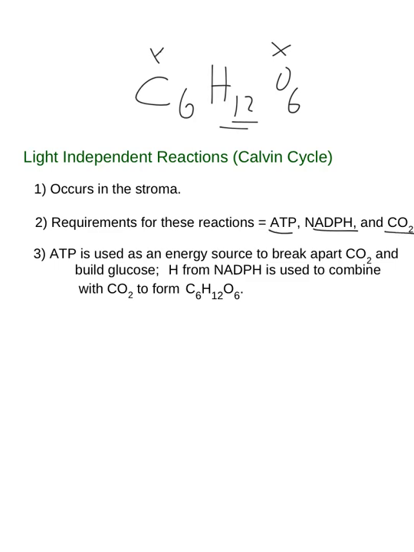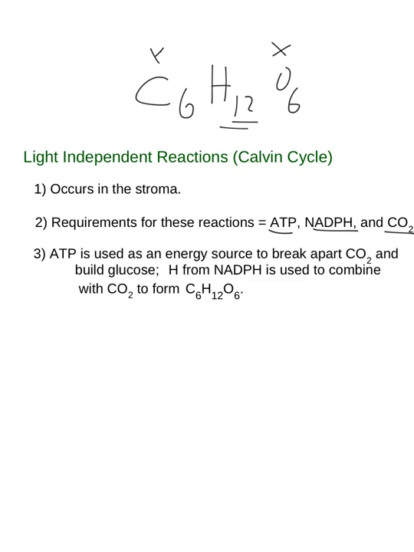Thus, ATP is used as an energy source to break apart the CO2 and help build the glucose. Hydrogen from the NADPH is used to combine with CO2, and we get, as a result, glucose, C6H12O6. Now, what's really cool is at the end, you also have some leftovers.